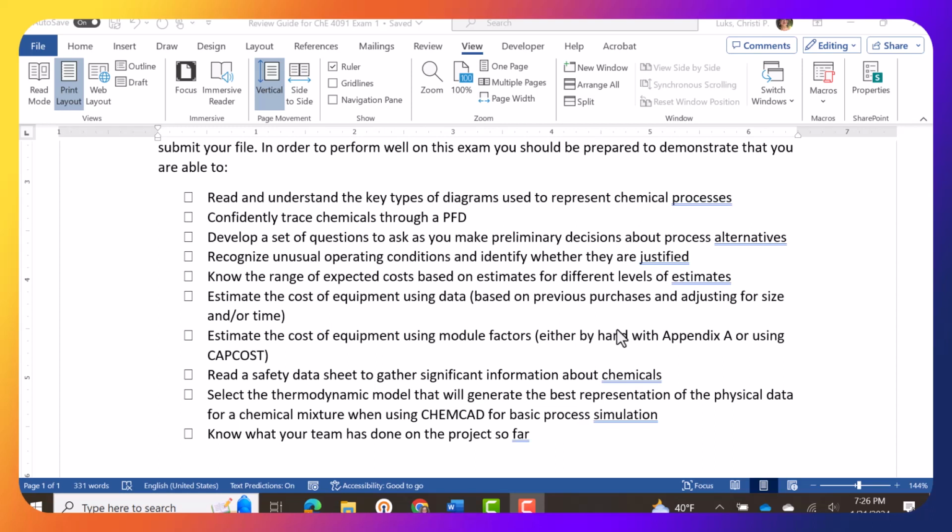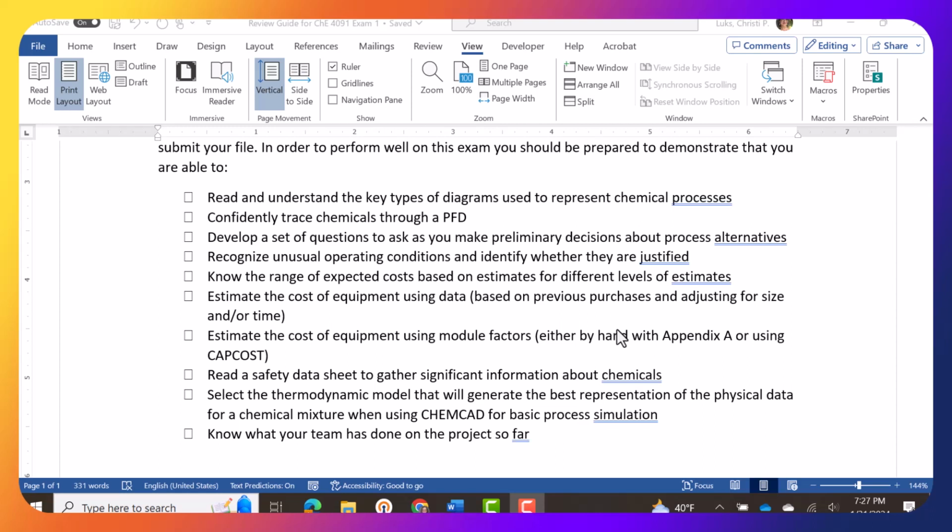We should be able to estimate equipment costs using data. So if we had a previous purchase, I can adjust for size or time or both to get an estimate today. And then also doing these module factors that are using kind of a conglomeration of data.